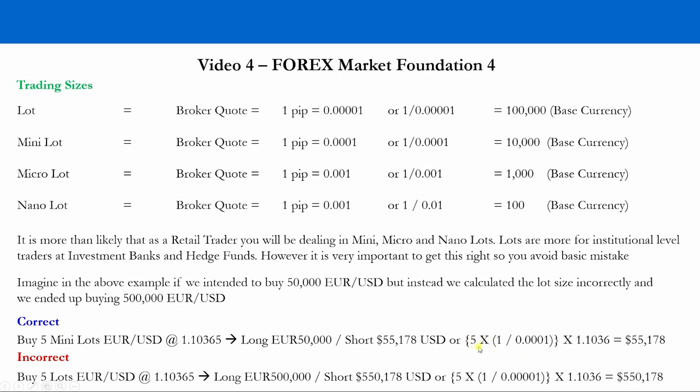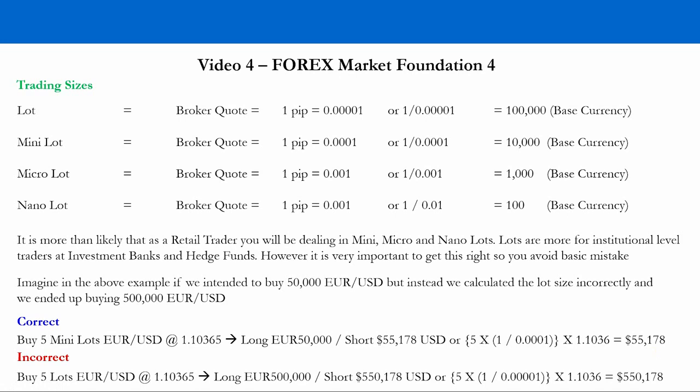Or we work this out as 5 contracts, 5 mini lots, times 1 divided by 0.0001, the pip value on the broker's platform, multiplied by the exchange rate that we buy at. And that is equivalent to the 55,178 exposure.